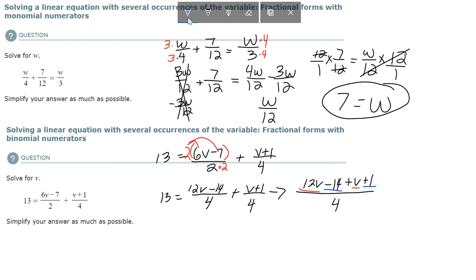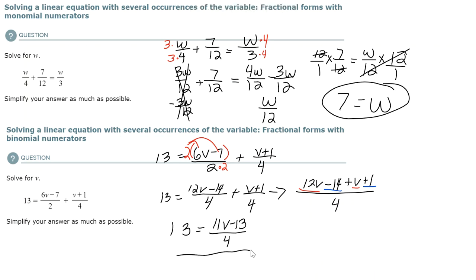So now I can finally write my simplified right side. Combining 12v and 1v, that gives me 13v, and combining negative 14 and positive 1, that gives me negative 13, all divided by 4, and then that equals positive 13. So here's my new equation I'm going to solve.